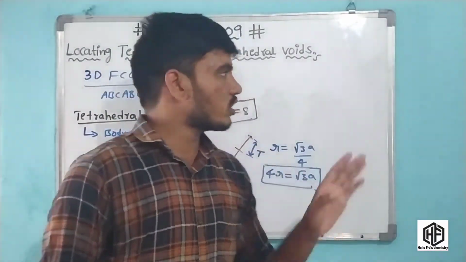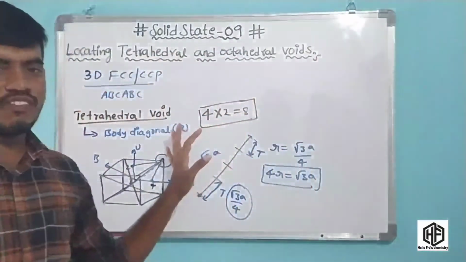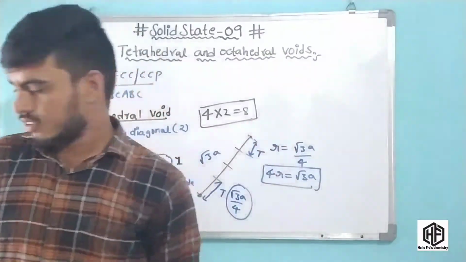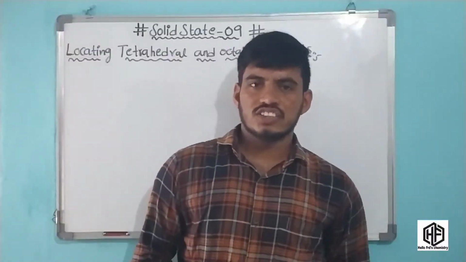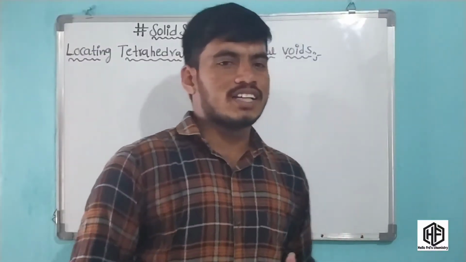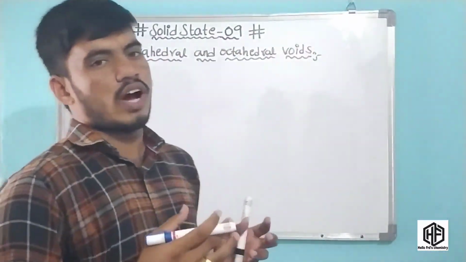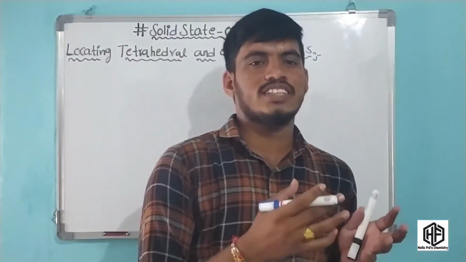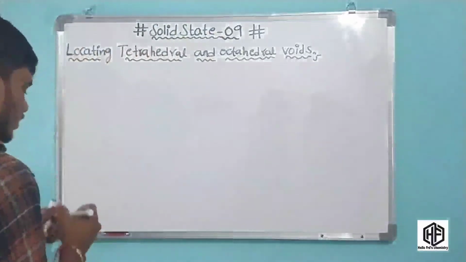Now I am talking about octahedral voids. First of all, this is erased. How many octahedral voids are present in face centered cubic close packing?